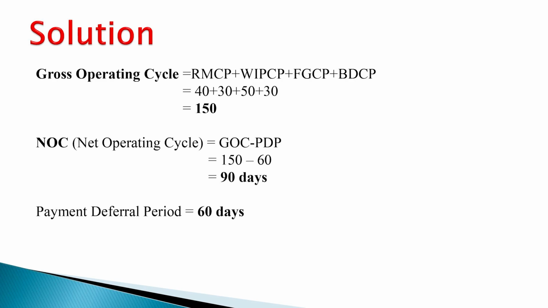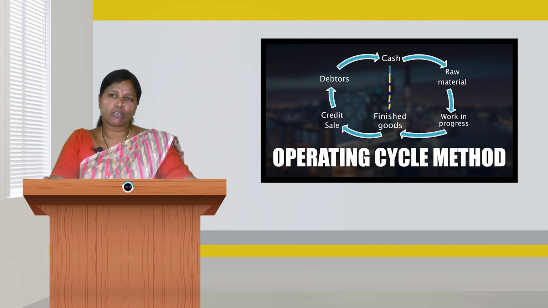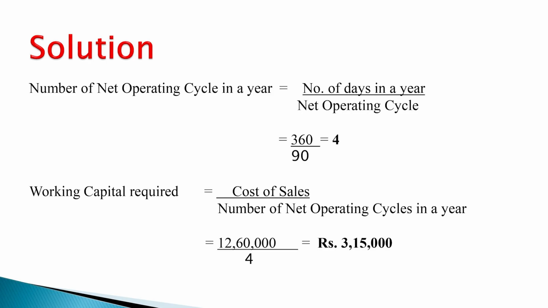Now go to the second step, the number of net operating cycles in a year. The formula is number of days in a year divided by net operating cycle. Net operating cycle we already calculated, that is 90, and the number of days in a year is given in the problem, that is 360. Otherwise we have to take 365. So 360 divided by 90 is equal to 4.